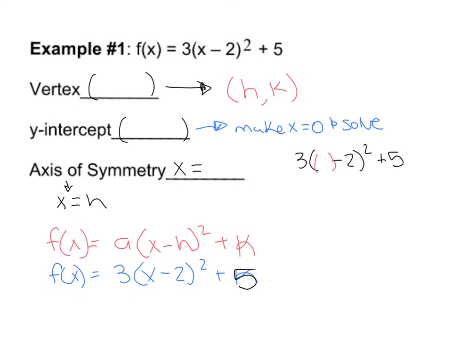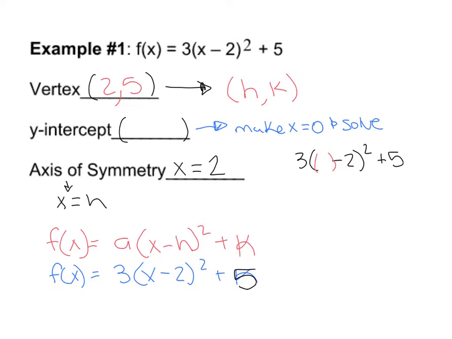So my vertex is (h, k). h here is going to be 2, comma, k is 5. All right, I'm going to skip the y-intercept for now because the axis of symmetry is a lot easier. It's just x equals h, and we already know that h is 2, so it's x equals 2.